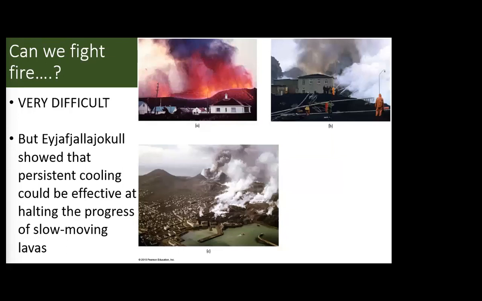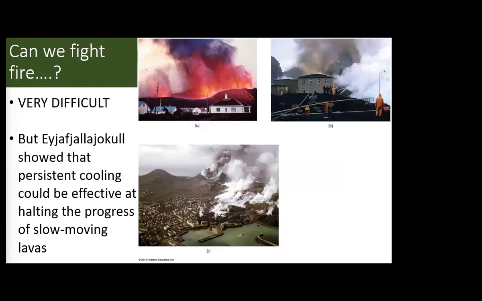Some people have asked, can we use firefighters to prevent volcanic lava flows? You can. It's difficult. As you can imagine, a wall of lava is very hard, and if it's flowing very fast, you don't want to stand in front of it. I would not blame you for not wanting to stand in front of it.